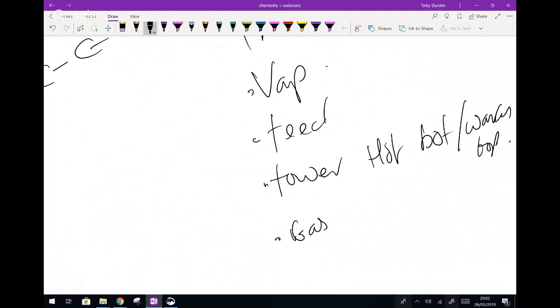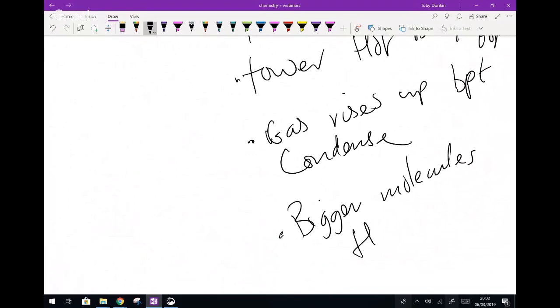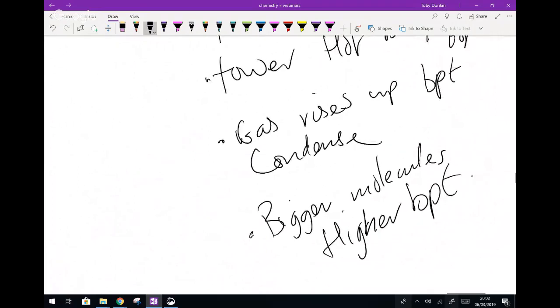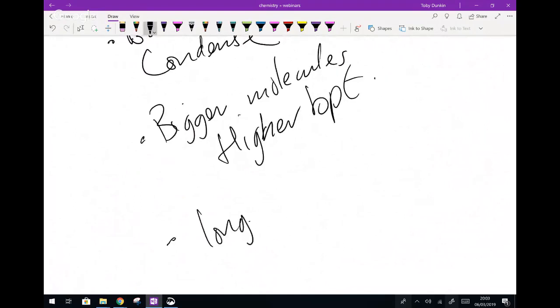Gas rises up until boiling point and condenses. Bigger molecules, and that's it. Bigger molecules have higher boiling points. They don't ask you to explain it here, because you just say, therefore, longer appear at bottom, appear lower in tower.